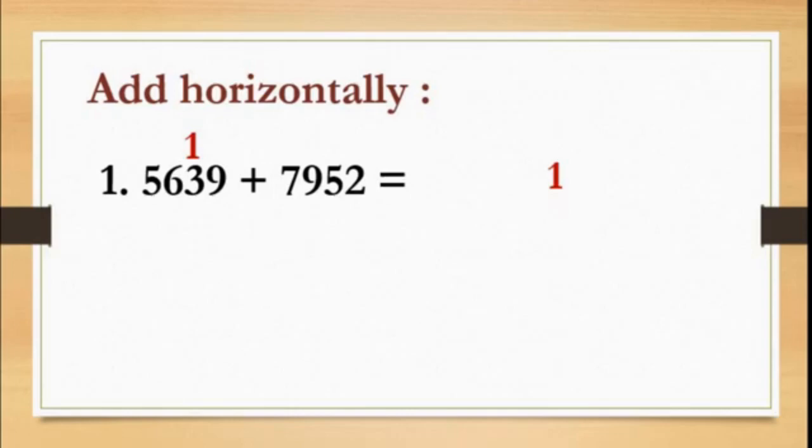Okay, now 1 plus 3 plus 5, that is 9. The next numbers are 6 and 9 in the hundreds place. So that is 15. 5 I will write here and 1 above the 5. Then 5 plus 1 plus 7, that is 13.